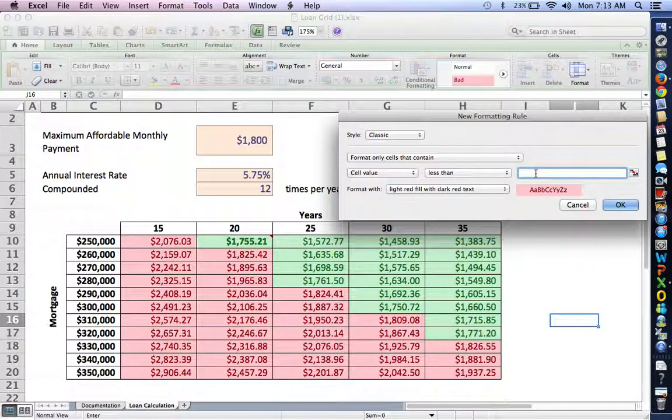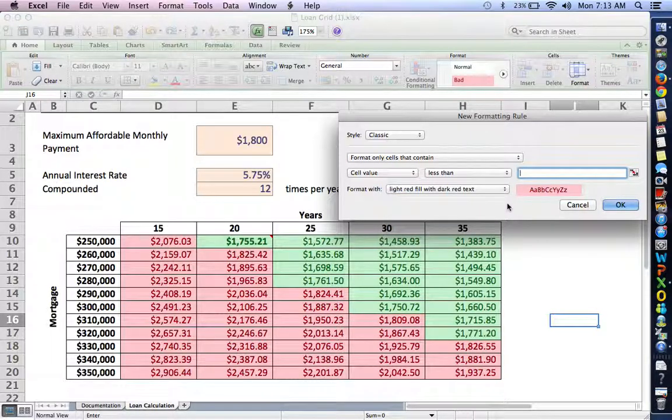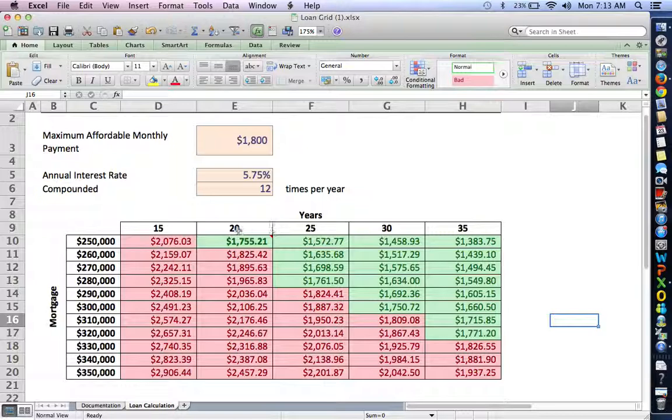So it would look for values that are less than $1,800. The format that I chose first was the green fill with dark green text. I'm not going to do it again here, but you click OK, and this is what you get here, all the green fields, which is really cool.